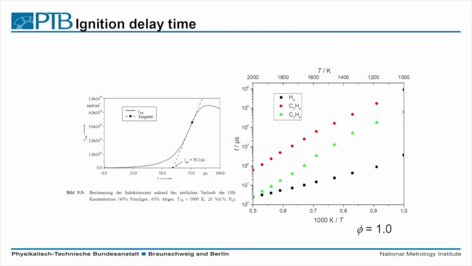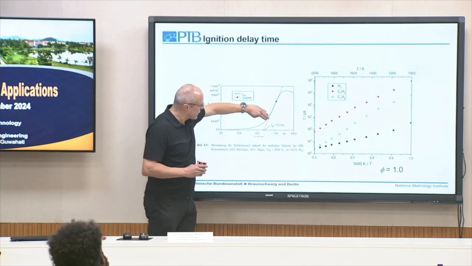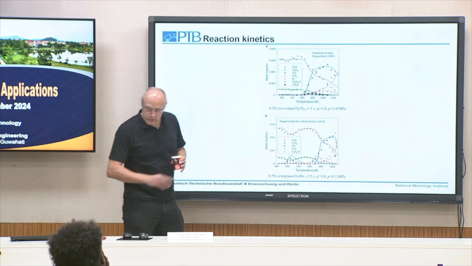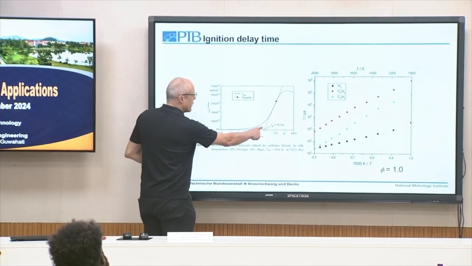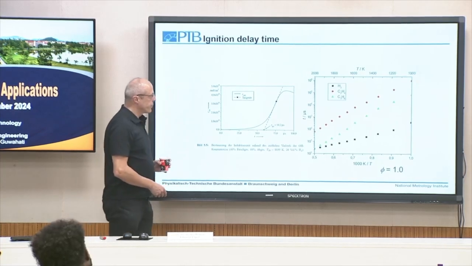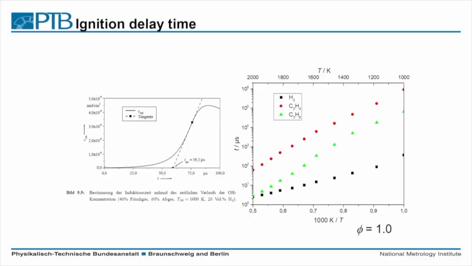Here we determine the steepest gradient in the OH profile. And then following this tangent here, we define that this position here is our ignition delay time, and this can be used, for example, for plots like this.